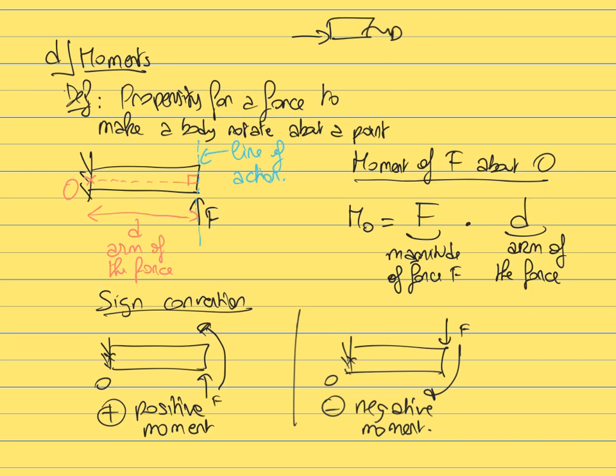What we are using here is what we call the right hand rule. If you use your right hand and point your thumb towards you, then the direction of your fingers gives you the direction of a positive moment. Your fingers point in an anti-clockwise direction, and this gives you the convention for a positive moment.